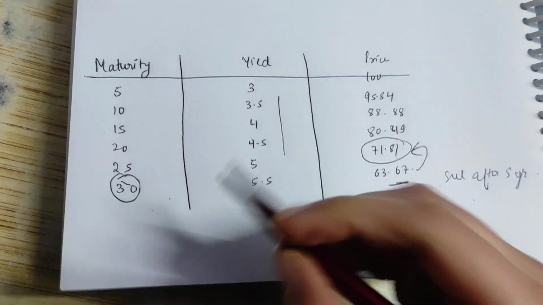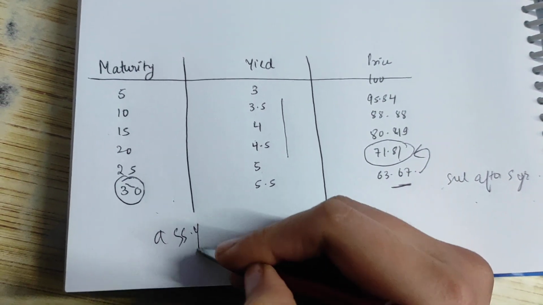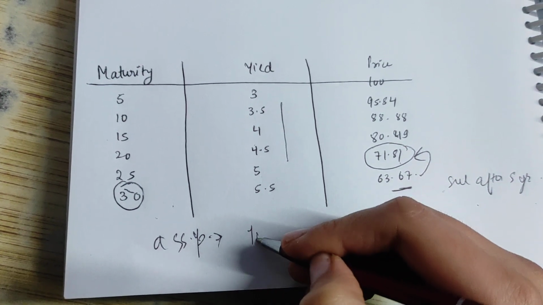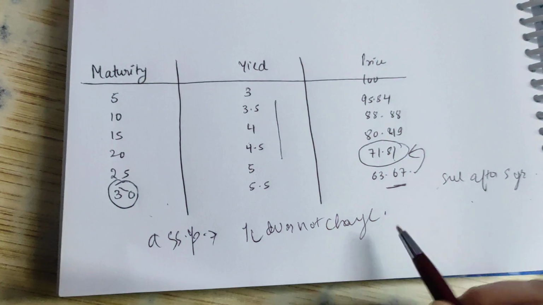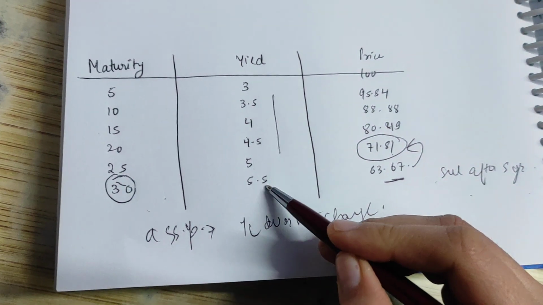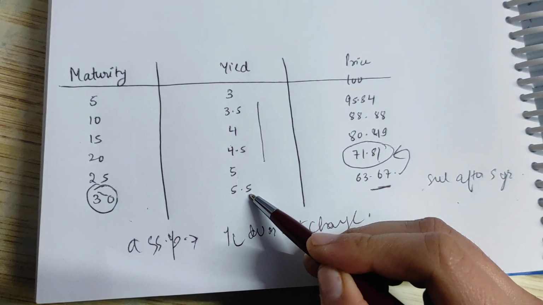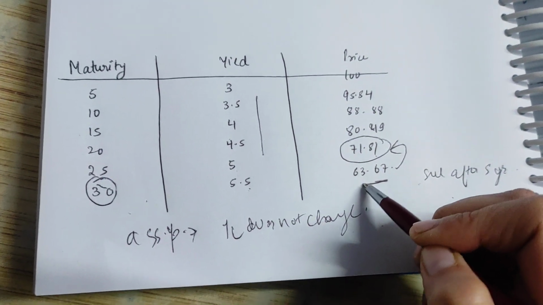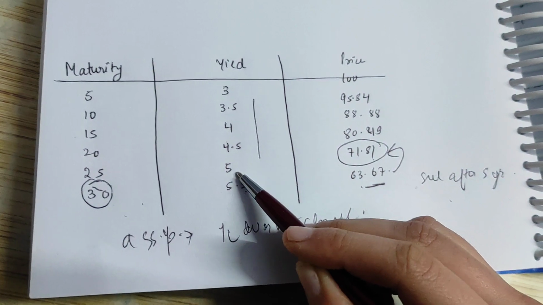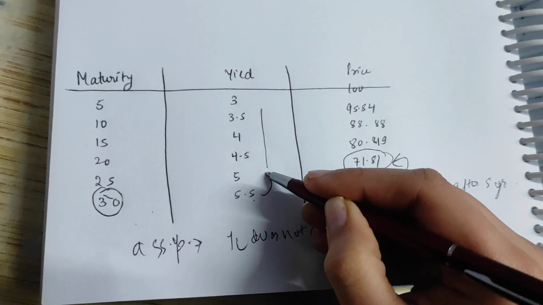Here one assumption that we have to consider is that the yield curve does not change. Only then it happens, because we bought it when the yield was 5.5% and the price was 63.67, and we sold it at 5% because we are going down the yield curve.